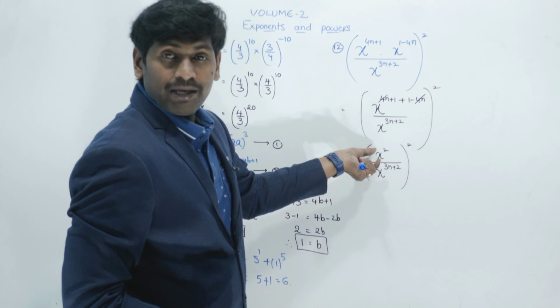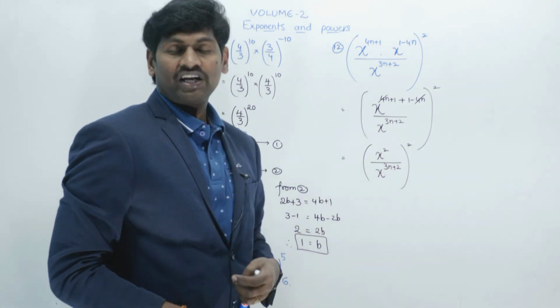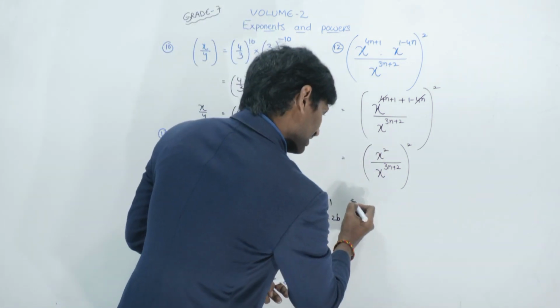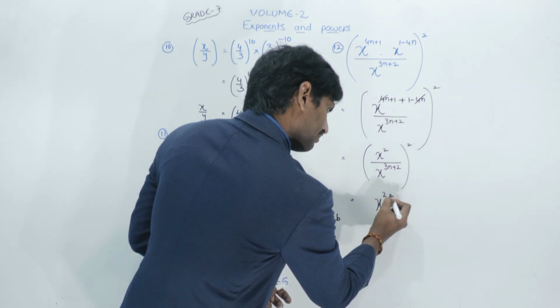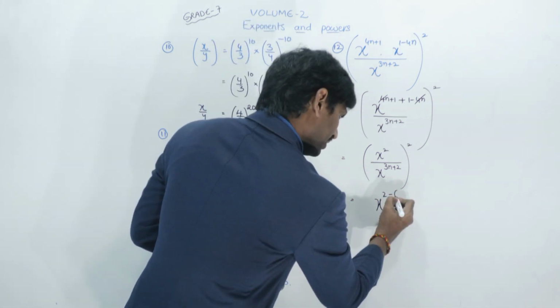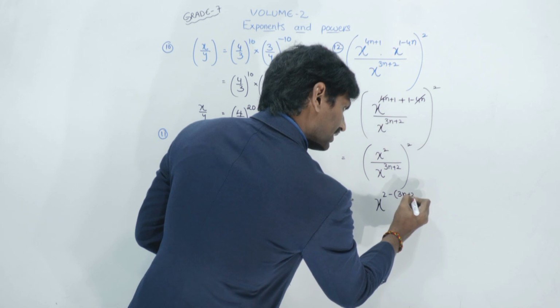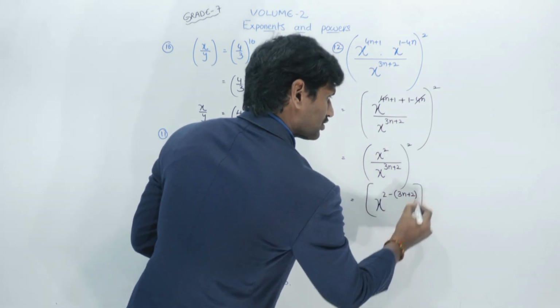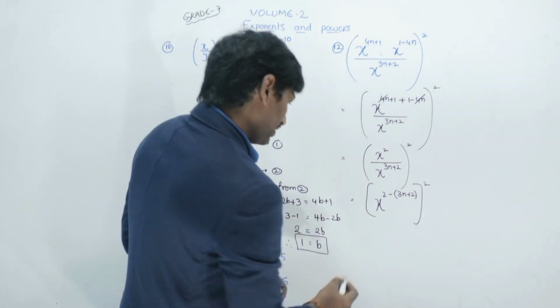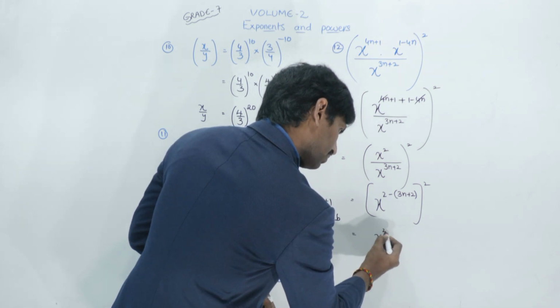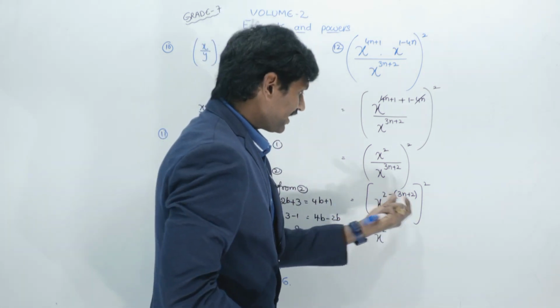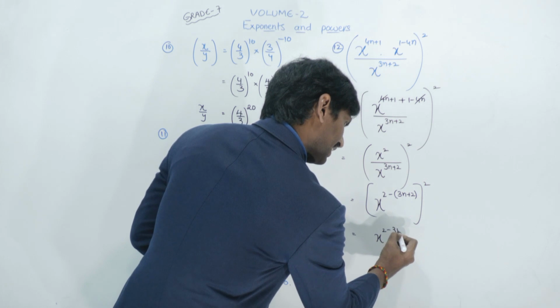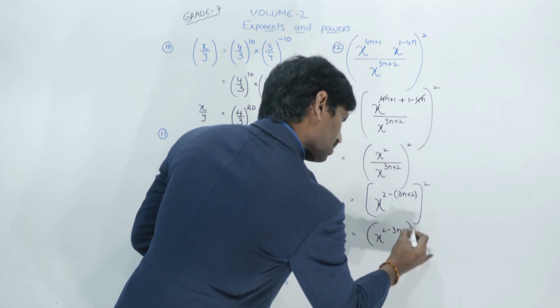Again, a power m divided by a power n is nothing but a power m minus n. So in the same way, a power m minus n, where n means the second exponent, whole square. Now let us try to simplify this one. x power 2. The minus should be applied to the entire bracket. So minus 3n minus 2 whole square.